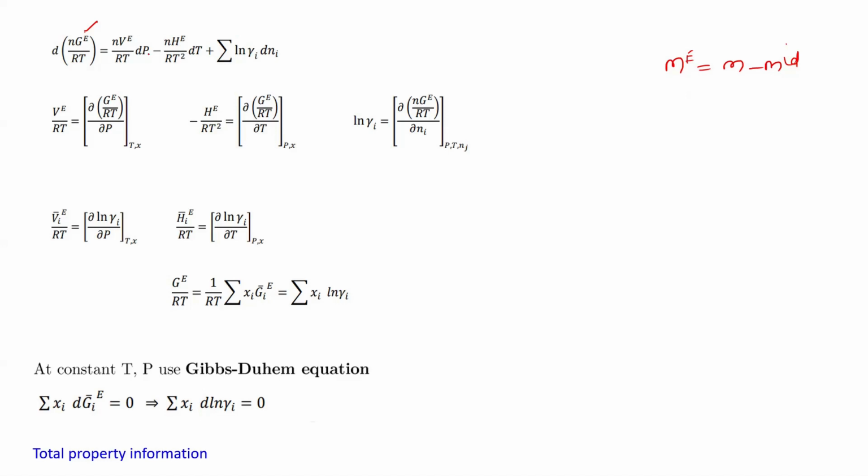Where now this VE by RT is given by dou GE by RT by dou P. This is converted, N is converted to X, the mole fraction, when this is expressed. And HE by RT square is minus dou of GE by RT by dou T, and ln gamma is equal to this one. Okay, that is what I was telling earlier.